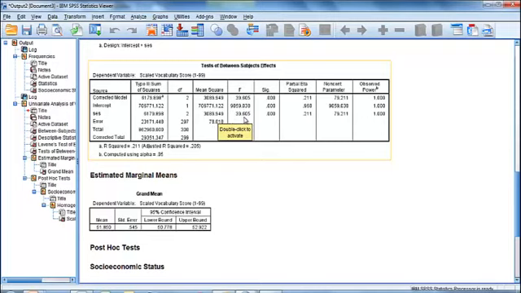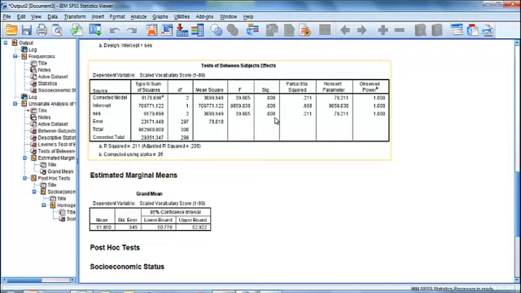That is telling us that the population variance that is observed between groups is almost 40 times greater than the amount of error variance or within subjects variance that has been accounted for. This significance value here tells us that a difference of this size, an F value of this size, would have occurred due to random sampling fluctuation alone in a situation in which the null hypothesis was actually true less than one time in 1,000.